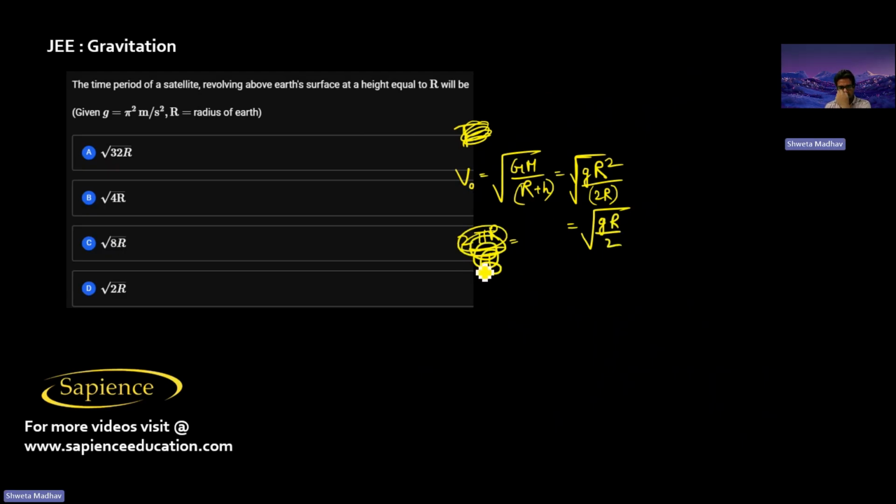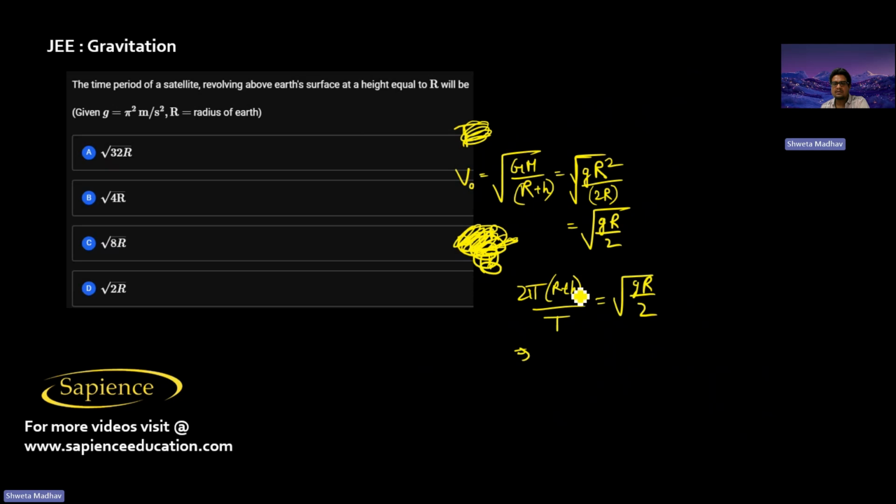The orbital velocity, that is 2 pi R by T, is 2 pi into R plus H by T, that is equal to root gr by 2.